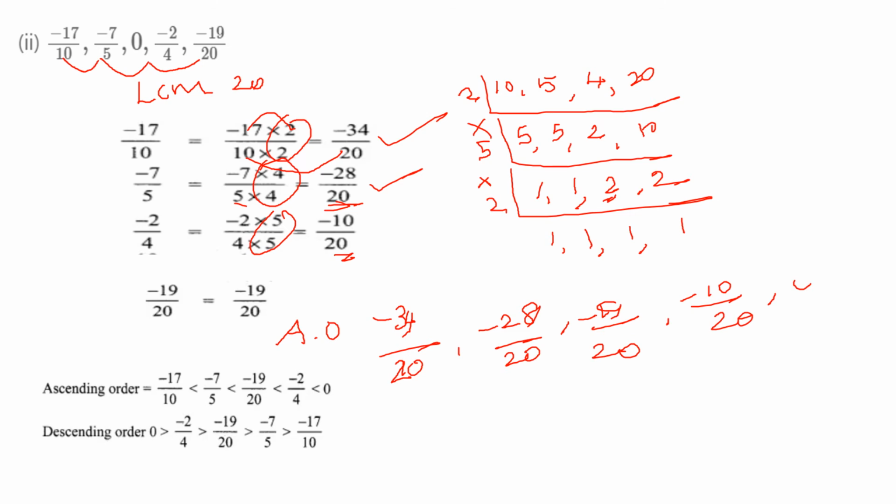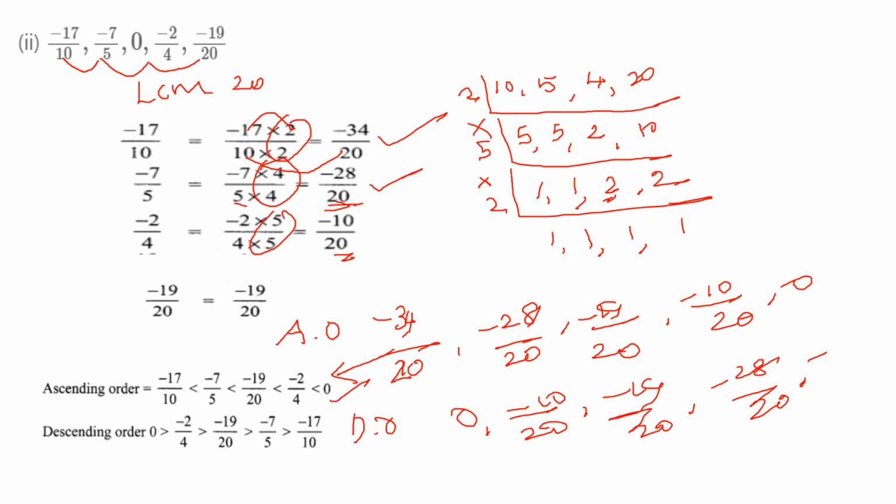So you write the corresponding of ascending order: minus 17 by 10, minus 7 by 5, minus 19 by 20, minus 2 by 4, last 0. Descending order, reverse it: 0, comma, minus 10 by 20, minus 19 by 20, minus 28 by 20, minus 34 by 20. So you write the corresponding: 0, minus 2 by 4, minus 19 by 20, minus 7 by 5, minus 17 by 10.